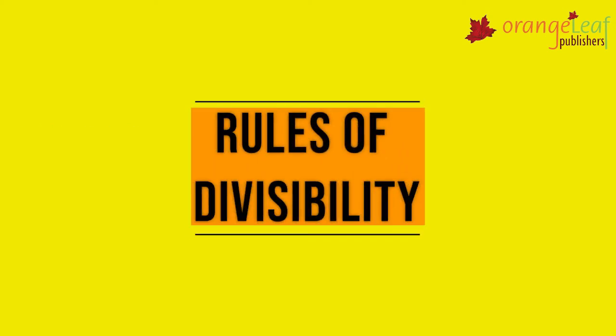Rules of divisibility. Is it possible for you to say whether a number is divisible by another number without actually doing the division? Yes, by following these rules of divisibility, you can say so. Rule number 1. Divisibility by 2.